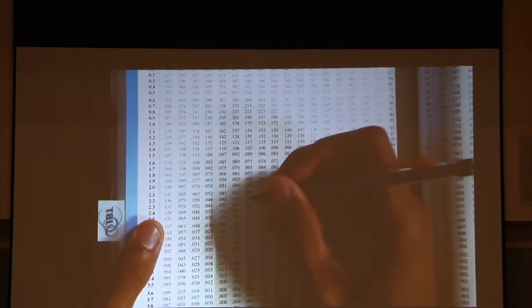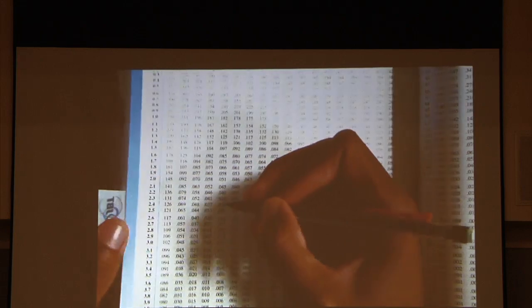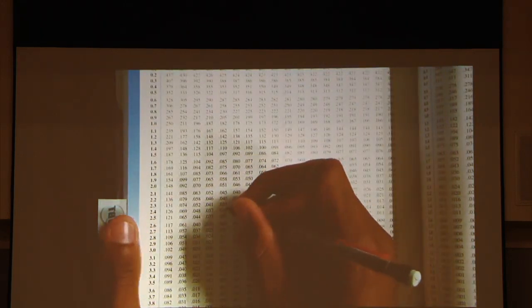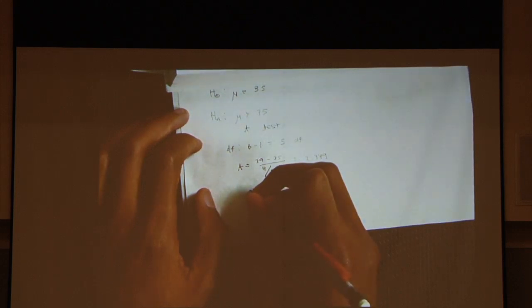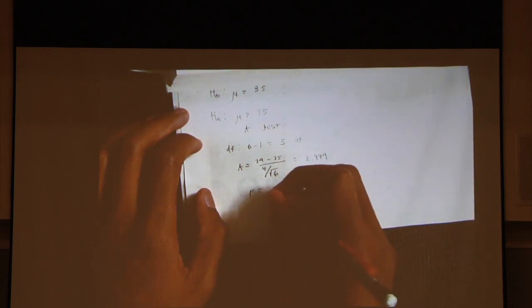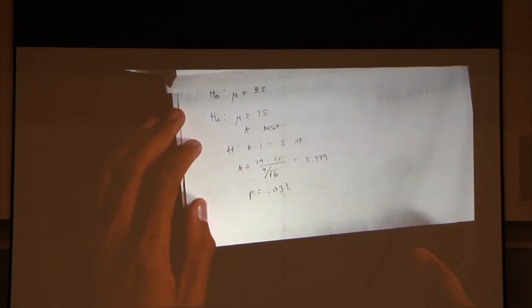You can try to interpolate, but you can also just round. So we'll just say it was 2.449, so it's not really 2.5, so we'll say 2.4, so 0.031. So that's what your p-value ends up being, 0.031, right?